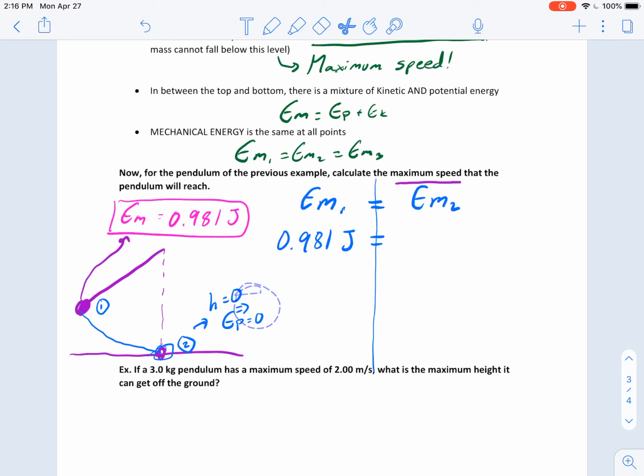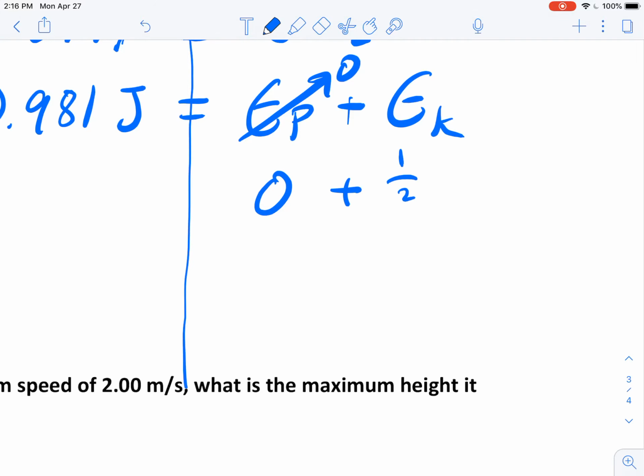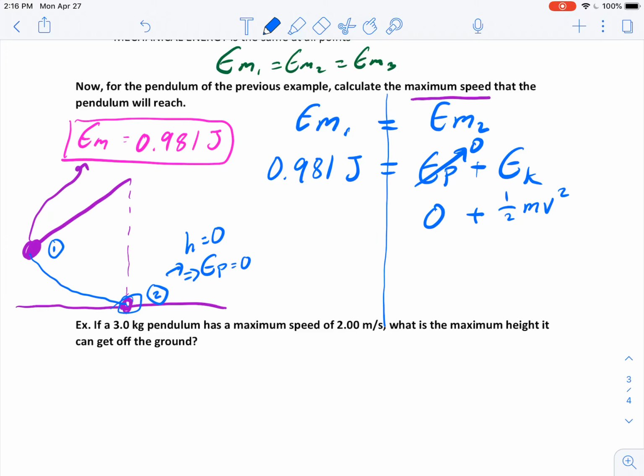So EP plus EK becomes 0 plus our EK formula is 1/2 mv squared, which is 0.981 equals 0 plus 1/2 mv squared.